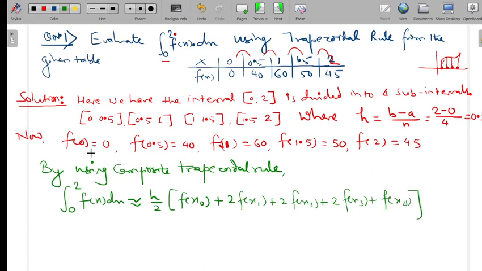I mean 1, 2, 3, 4, 5. In this way you have to calculate.